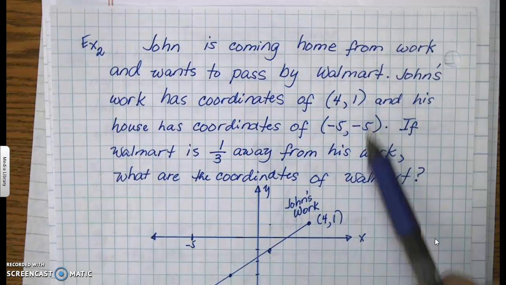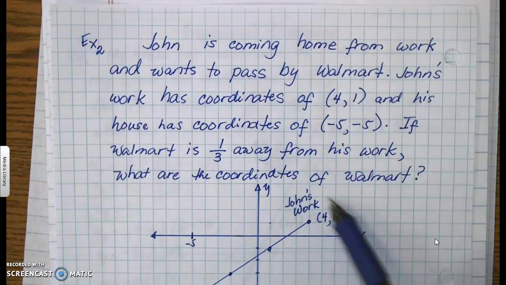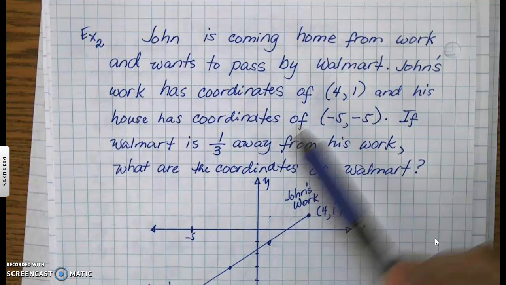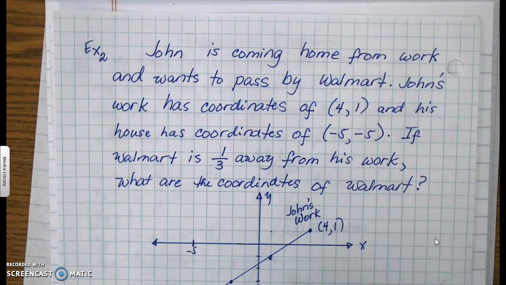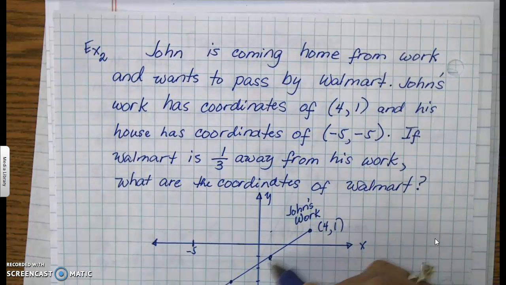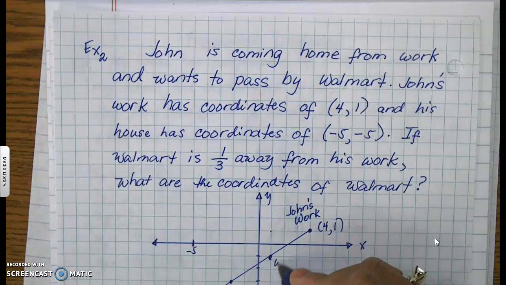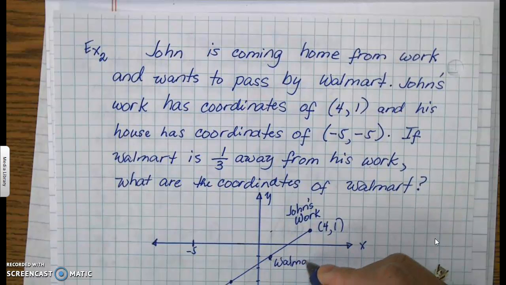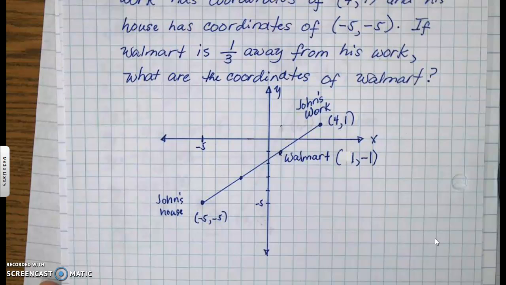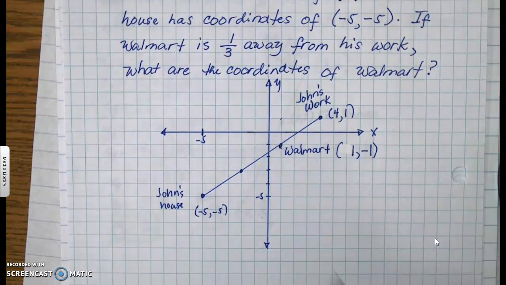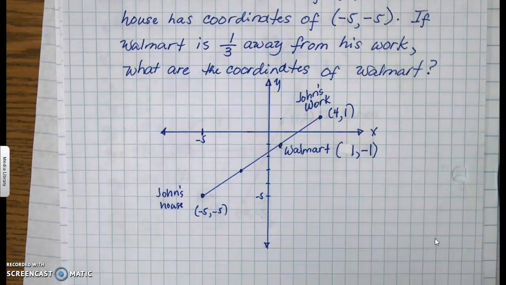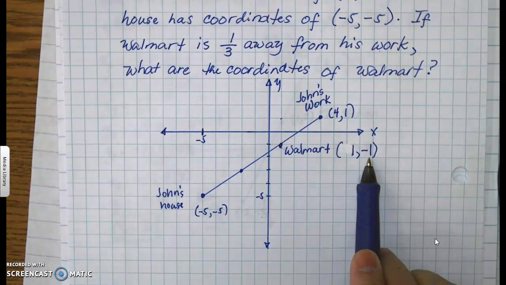So he's coming from work, so this is our beginning point this time. And again, it's cut into 3, and Walmart is 1/3 away from his work. 1/3 away is here from his work, so this is where Walmart is. Okay, so those are the coordinates of Walmart, but that is solved by graphing.